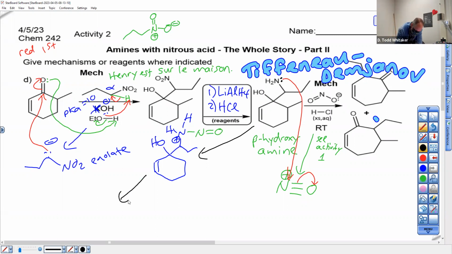So tautomerization time. We can use the Cl minus HCl combination if you like. HCl here, Cl minus here. Base grabs which H? Nitrogen. Sigma becomes the first pi.